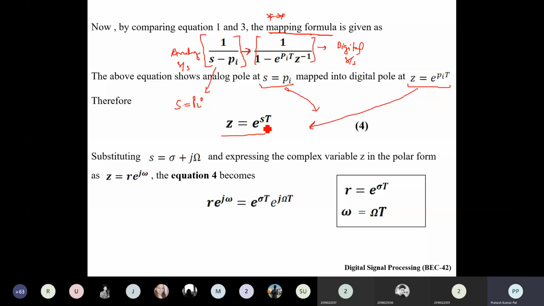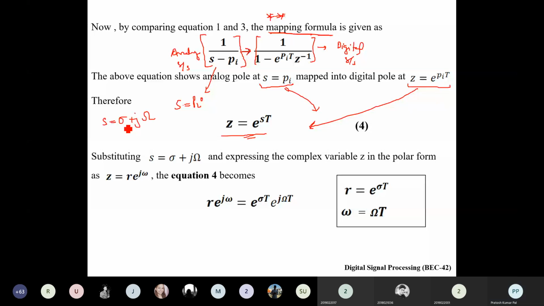Okay, and we already know s is equal to sigma plus j omega. In the s plane, we represent sigma as an attenuation and j omega, where this omega is the analog frequency.